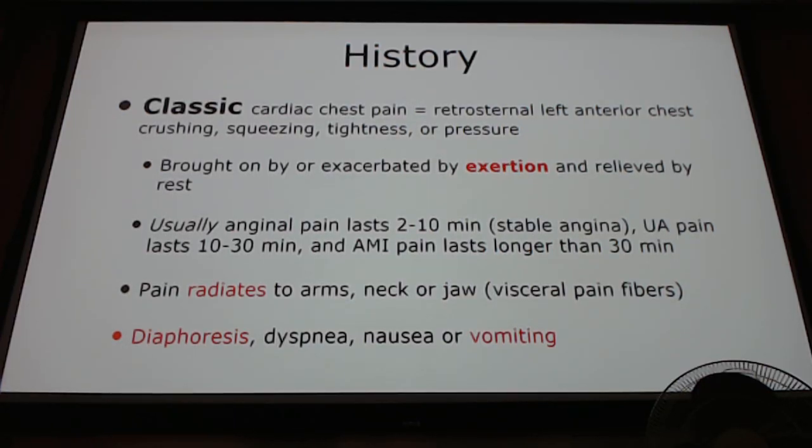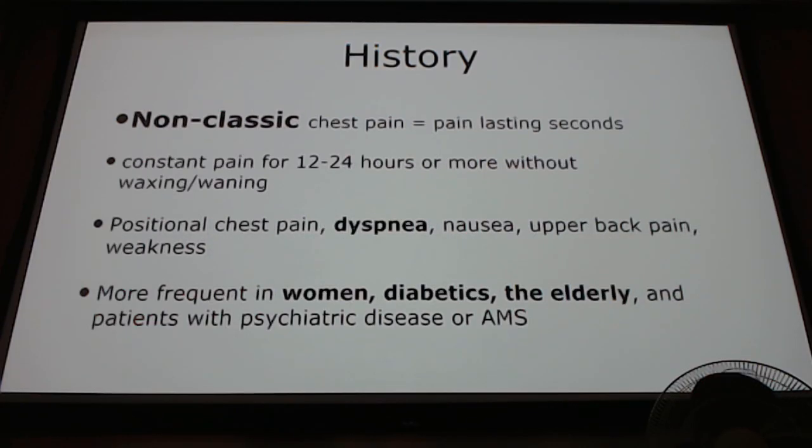Other important classic features: if they have pain radiating to their jaw, neck, or one of their arms, those are concerning findings, as well as diaphoresis, dyspnea, nausea, vomiting. And then our non-classic chest pain, which we see more frequently in women, diabetics, and the elderly, might be a really quick intermittent pain.